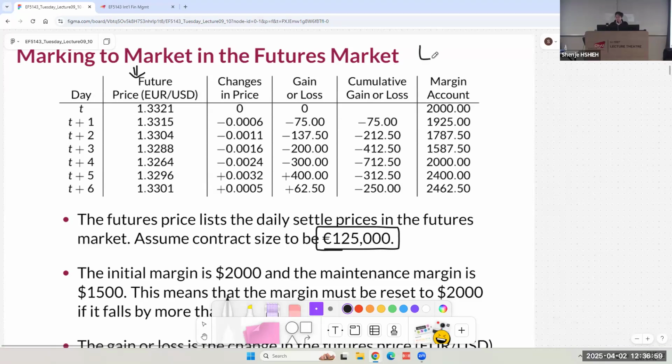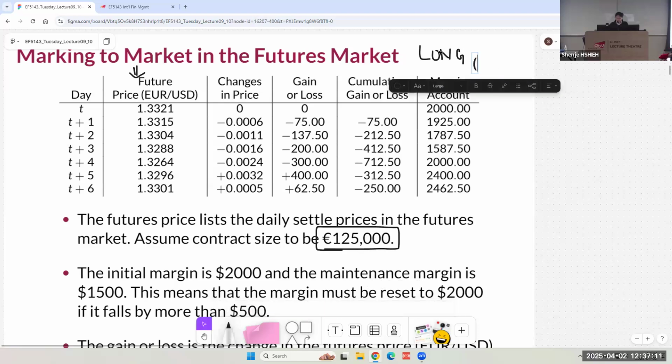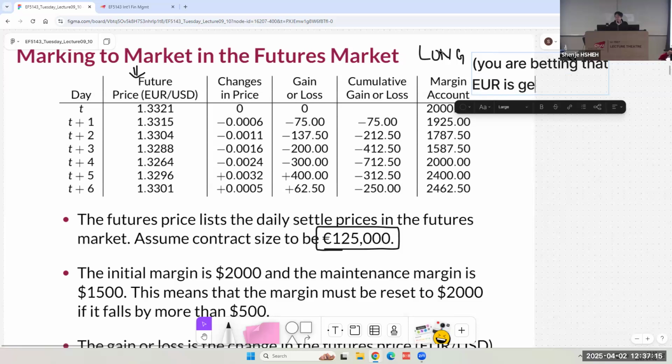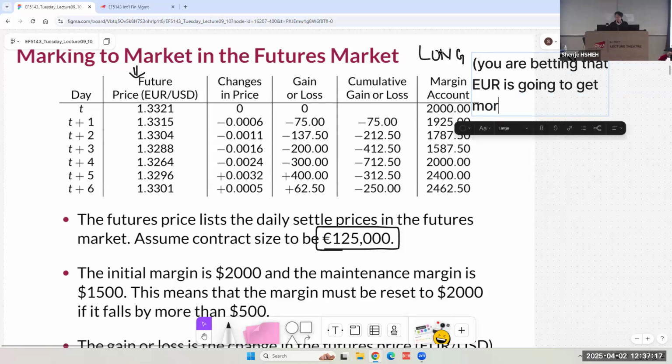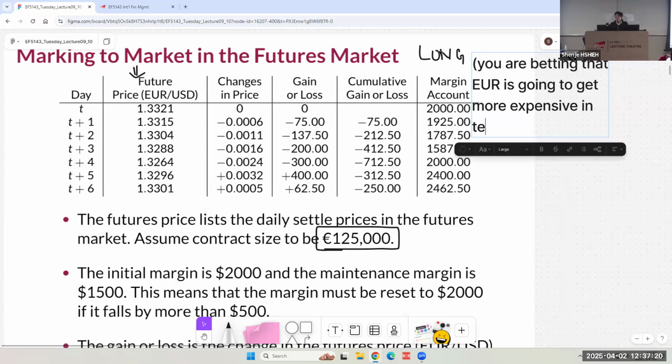And let's assume that we are taking the long position, meaning that we're hoping that the value of euros in terms of dollars increases over time. So let me write that. You are betting that the euro is going to get more expensive in terms of US dollars at settlement.